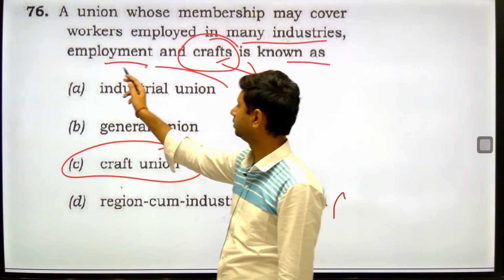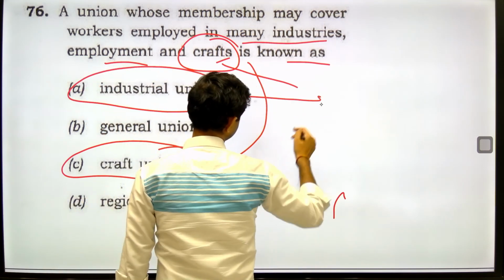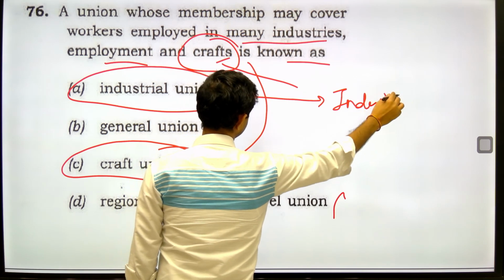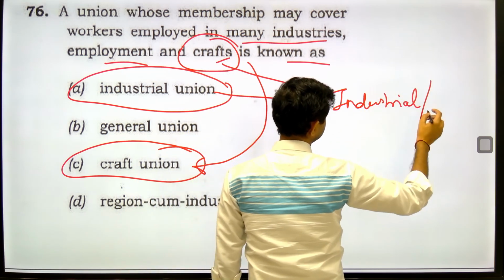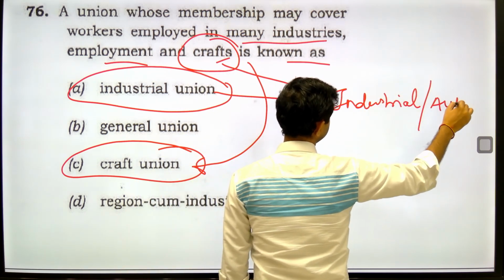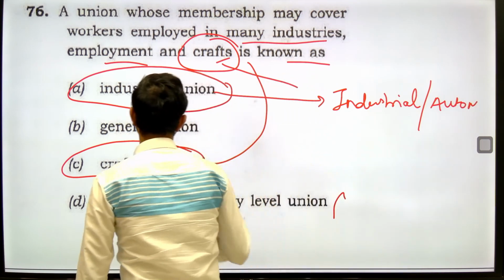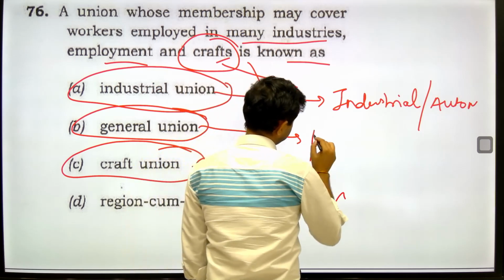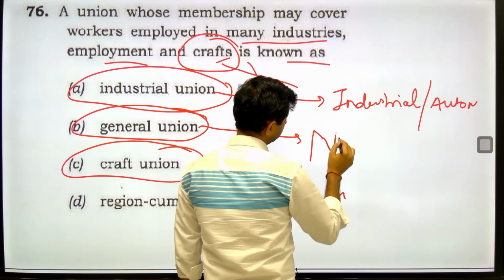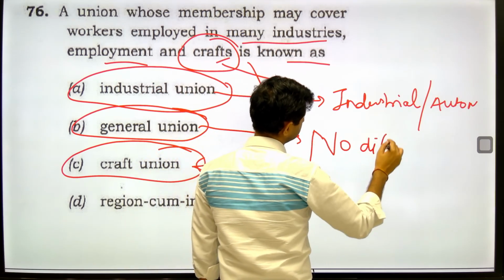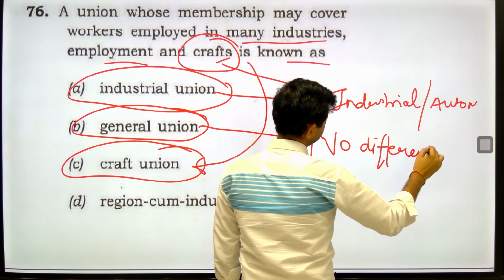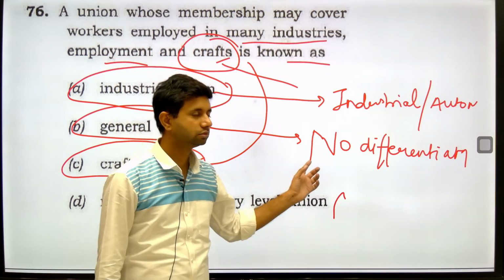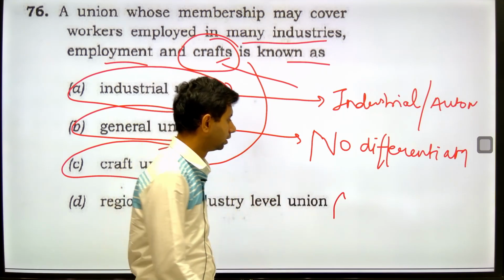Okay, industrial union is specific to an industry, such as automobile union or something like that. General union, transcending: there is no differentiation with respect to industry.